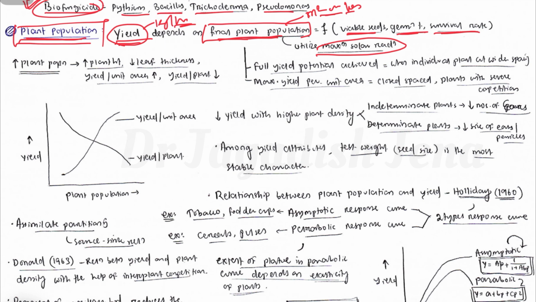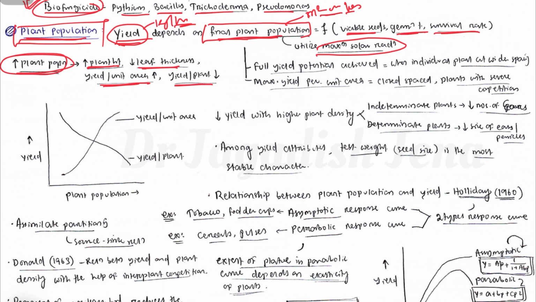If we are increasing the plant population, what happens in the field? If we are increasing the plant population, the plant height increases, because there will be internal competition. That means intra-species competition will be there. So one plant will try to overcome another plant to get maximum solar radiation. Then leaf thickness decreases, yield per unit area increases but yield per plant decreases.